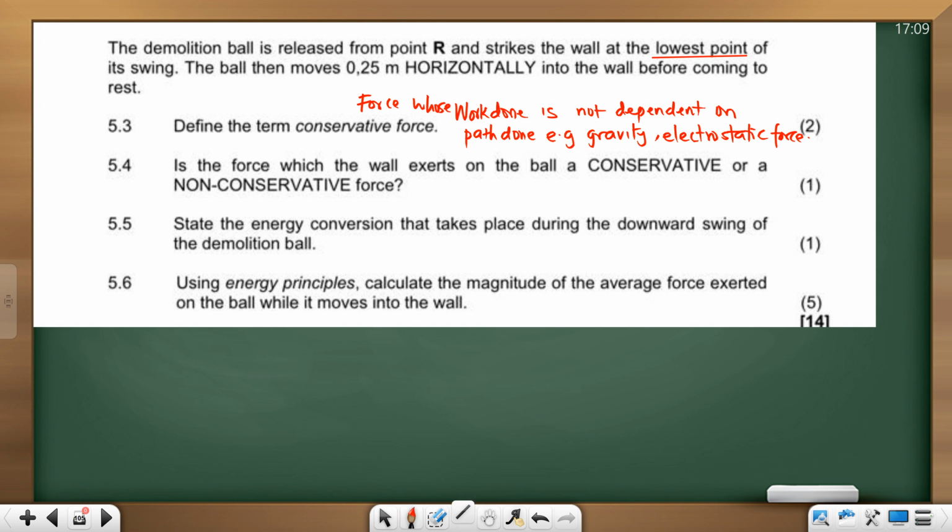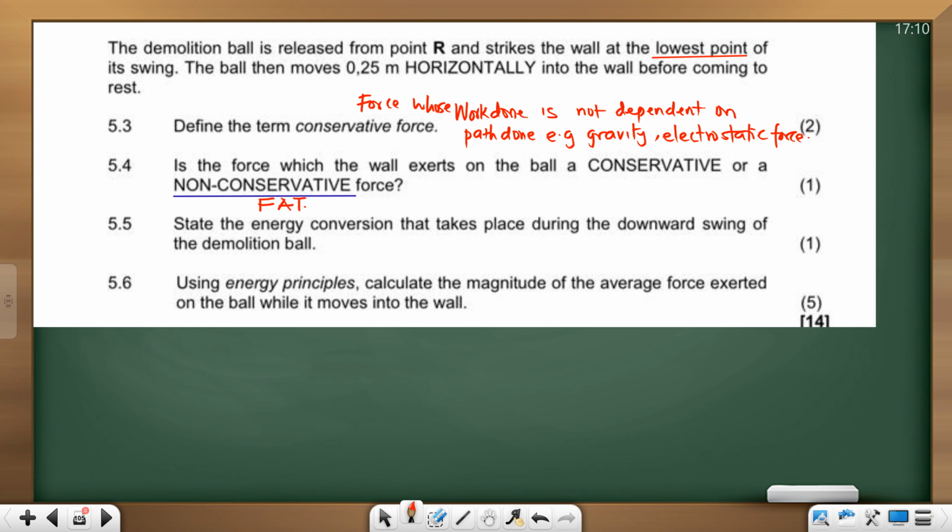It's an applied force. The ball exerts a force on the wall. The wall also exerts a force. So it's an applied force, which makes it what? Non-conservative. I hope we remember our non-conservative forces: friction, applied, tension. 5.5. Are we okay there? Did it make sense?